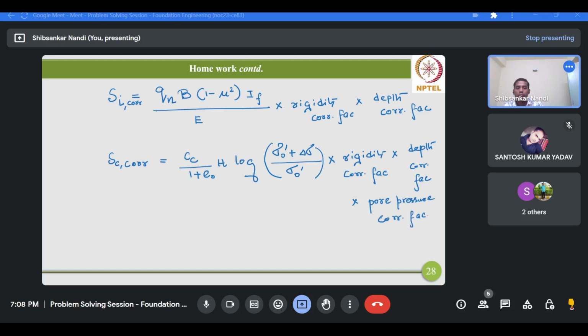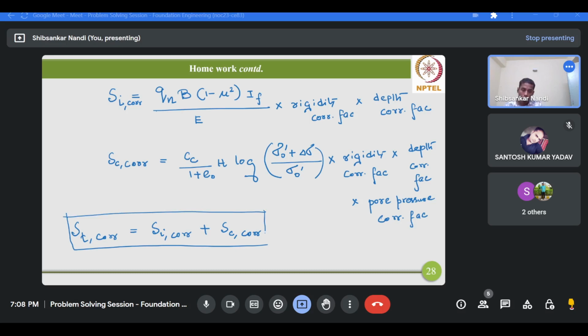Finally, the total corrected settlement is SI corrected plus SC corrected. This gives you the corrected total settlement for the given pile group.